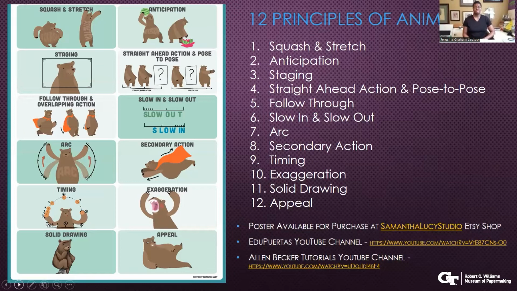Secondary action. If I want to make something walk across the screen, I can just push the main mass of the object across the screen, but it's going to be more interesting and again more believable if we have a few secondary actions. So as I'm walking, or my object is walking, I might have the arms swing or a head turn slightly and then back on path.